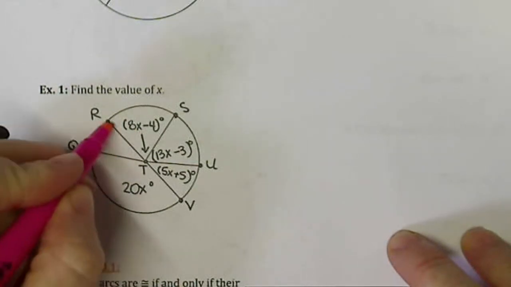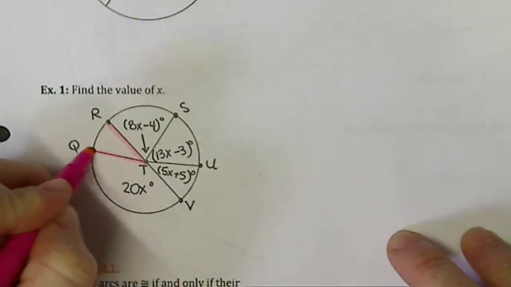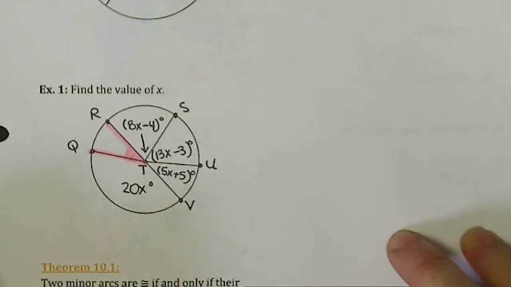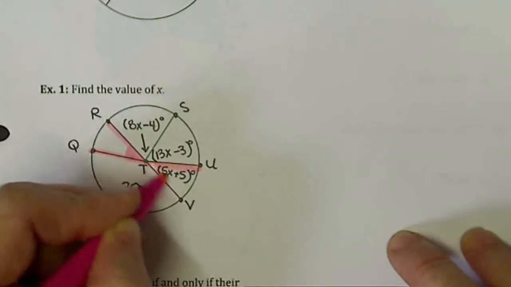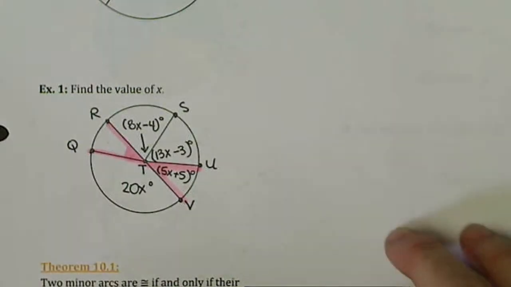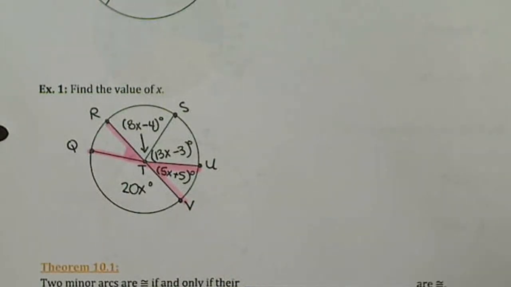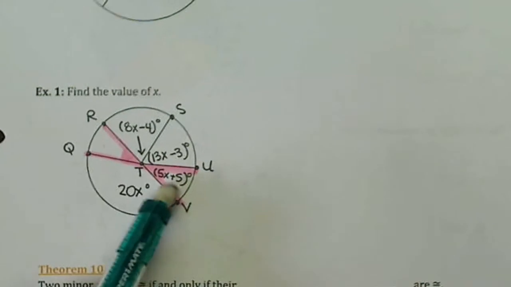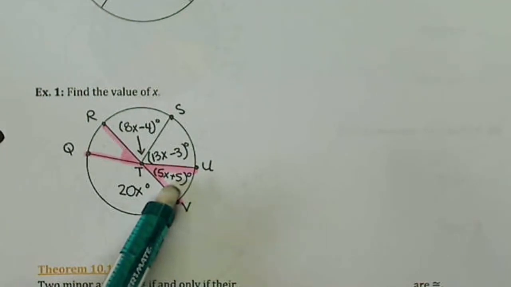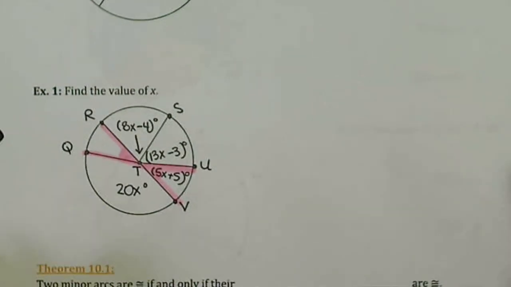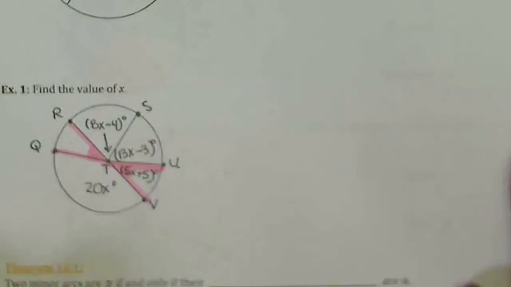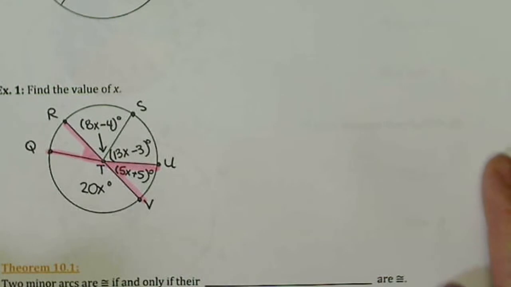Well, if I look at QTR, I can see that it is the same as this angle right here, UTV, because it's vertical. Those two angles are the same, so I can use this measure, 5x plus 5, for this angle. And what do all of my angles add up to? 360. So let's make an equation.